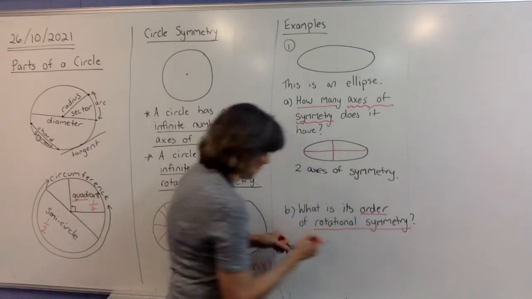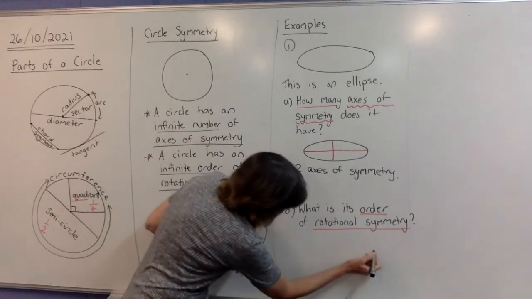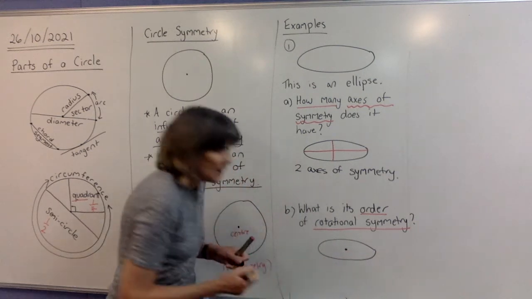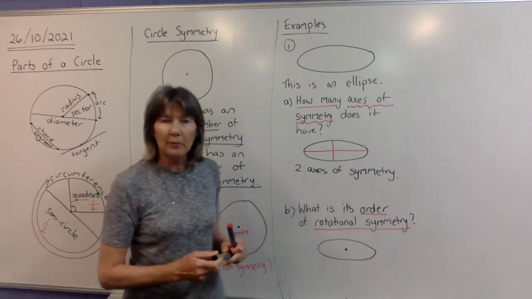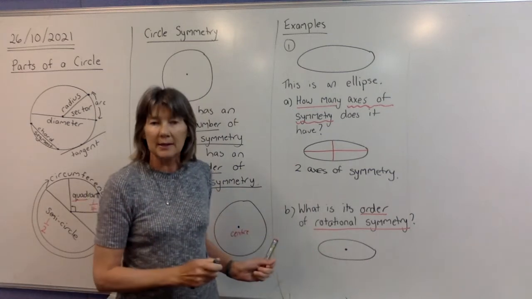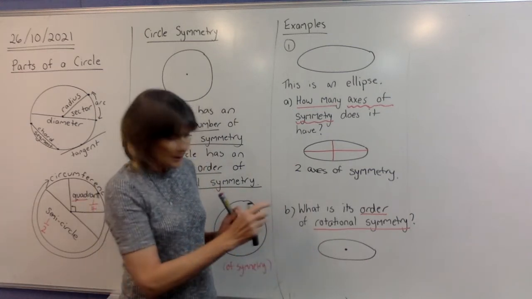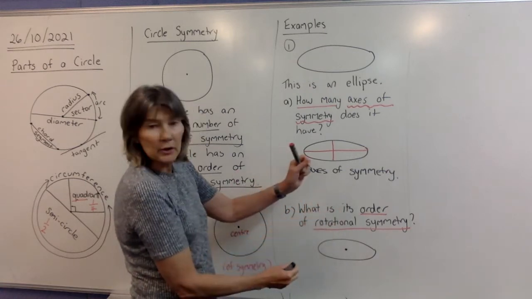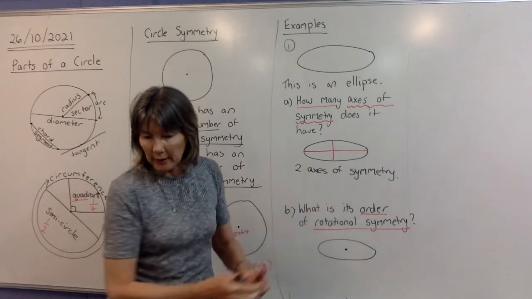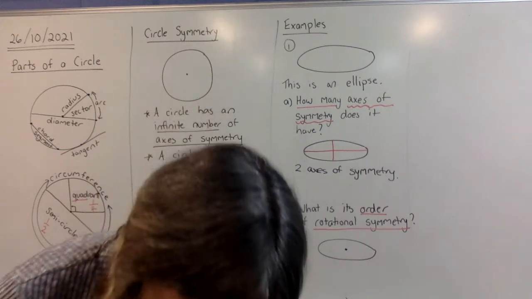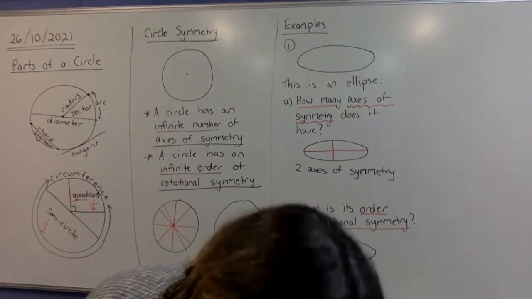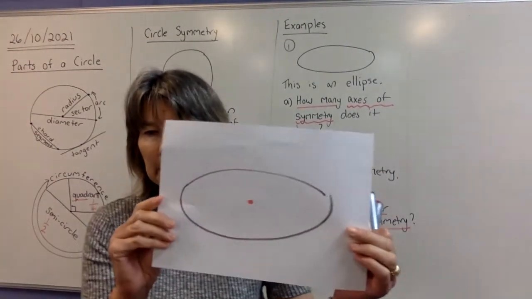Okay, now the next question says, what is its order of rotational symmetry. So let's look at this ellipse again and put the centre point in. Now, remember what I said before, so we're going to spin around the centre. So when we start to spin this shape, we spin it to 90 degrees and it would look quite long. I'll actually try and draw it here for you. So we've got something that looks a bit like an ellipse here.